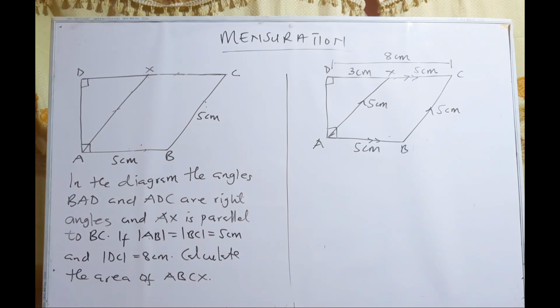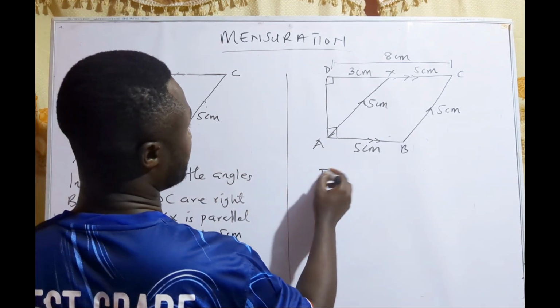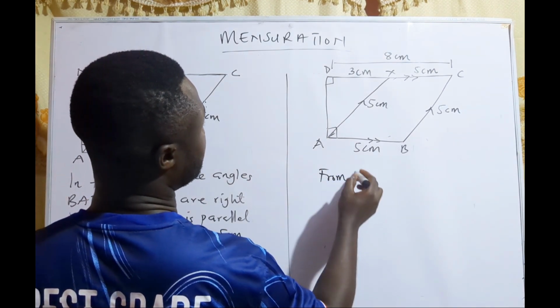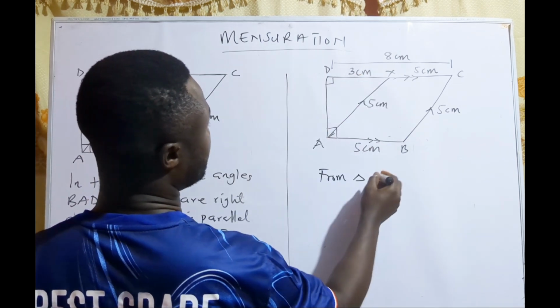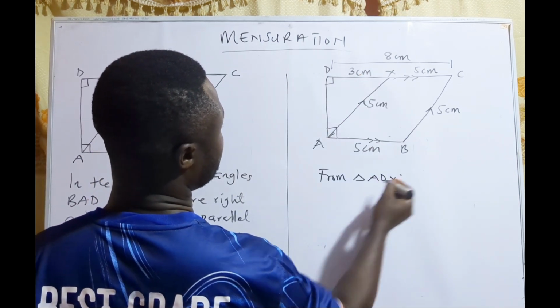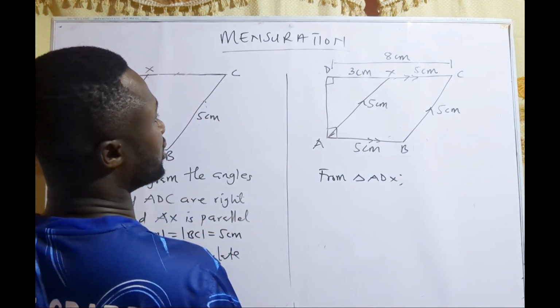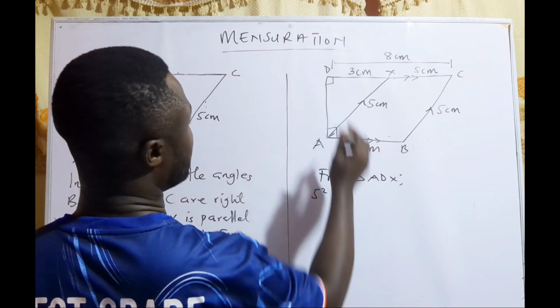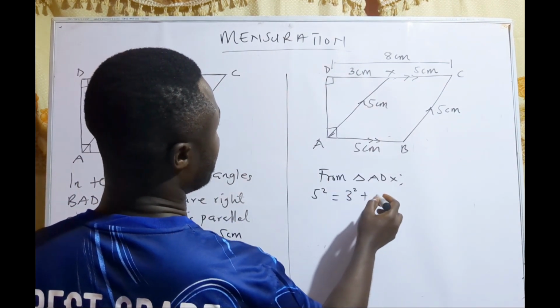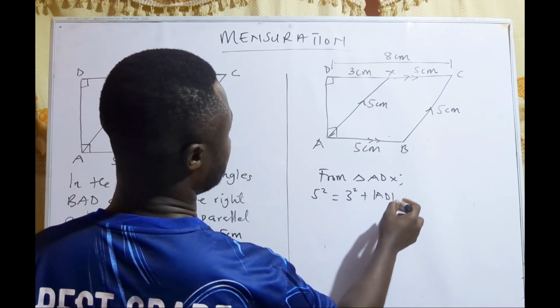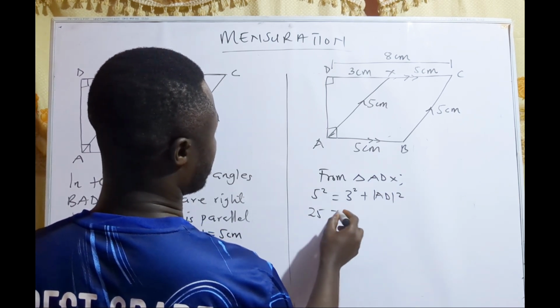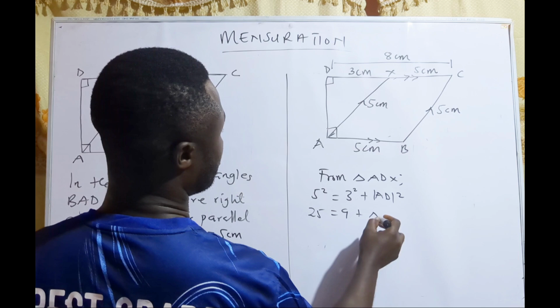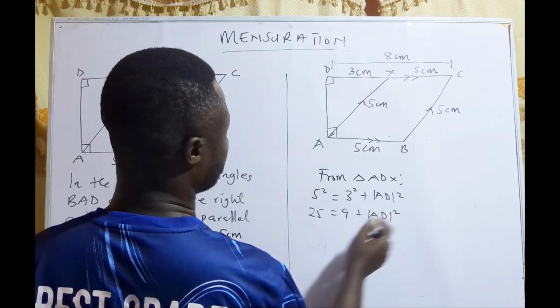Is that okay? So from triangle ADX, you can say my 5 square is equal to 3 square plus AD square. So 25 is equal to 9 plus AD square.